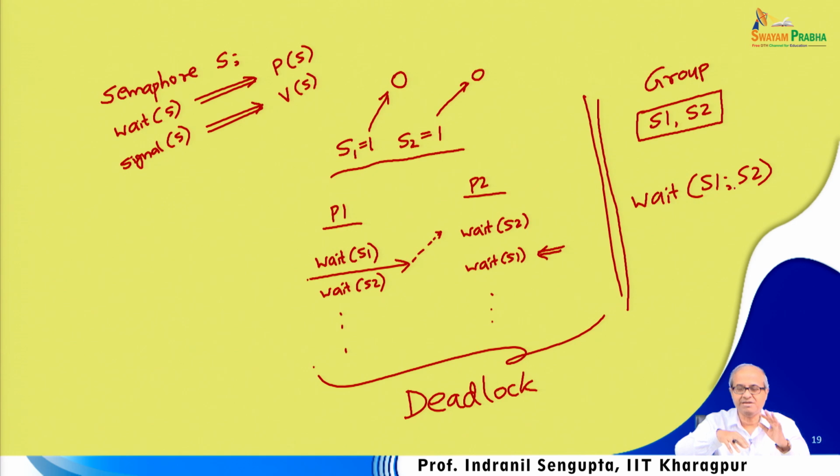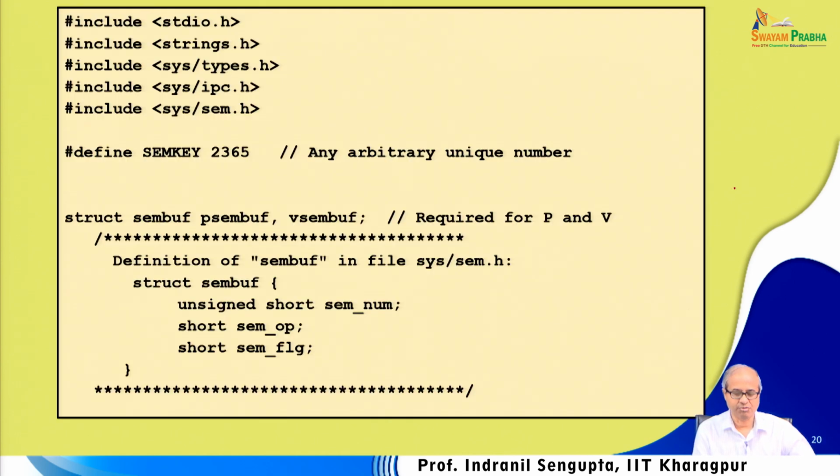This process will complete and do a signal operation on S1 S2, they will again get unlocked, and the other process can continue after that. So, in Unix or Linux, one of the libraries that is available supports this kind of semaphore group. Let us look into the code now.